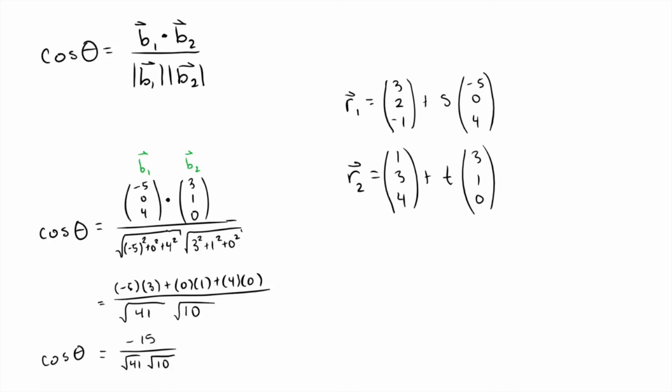And so by evaluating, I know that cosine of theta has to equal negative 15 over root 41 times root 10. So if I find the cos inverse of both sides, what I end up with is an angle measurement of approximately 137.8 degrees, which, for the purposes of expressing that in three significant figures, I would probably just go ahead and round to 138 degrees. So that's the angle between those two lines.